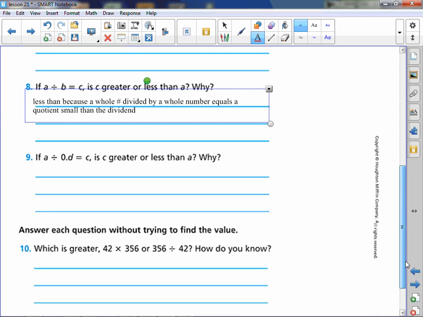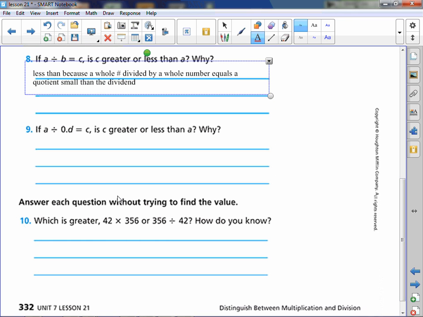Last one, if a whole number is divided by a decimal, am I going to end up with a smaller or larger number?